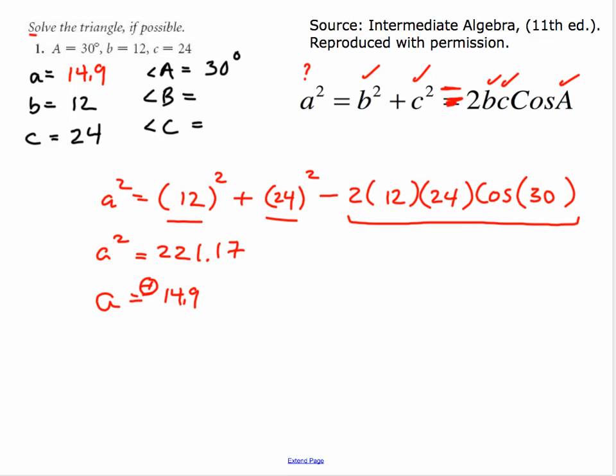Now the question says solve the triangle, so I also need to figure out the other two angles that I don't have. Since I have a side and its angle now, I'm probably just going to use the law of sines. So let's try that.